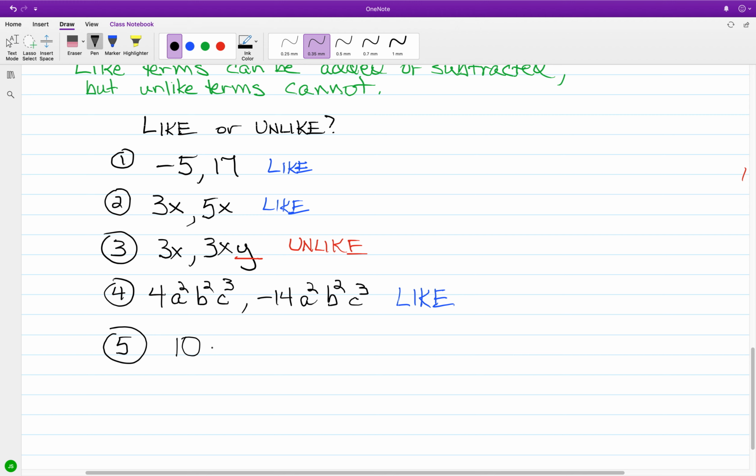And we'll have with the fifth pairing, 10x squared y to the third z to the fourth, and we have 19x squared y to the third z. Now we have the common letters x, y, and z.